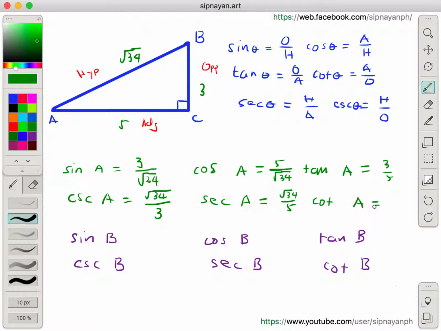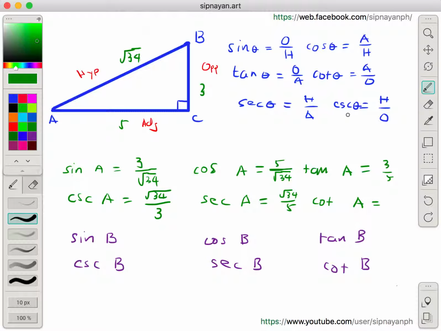And the cotangent of A, anong formula? Adjacent side over the opposite side. By the way, pinag-uusapan natin mga length yan ng sides, although hindi ko sinabing length of the opposite, pero yun ang ibig sabihin.